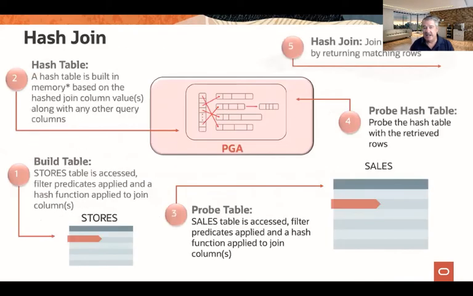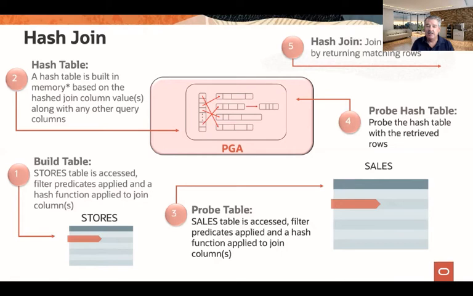I've got a diagram to help explain that a little bit. In our case, we're going to have the stores table and the sales table. We'll scan the stores table, apply any filter predicates, and build a hash table in memory in the PGA. And this next part is key to what we optimize with database and memory.